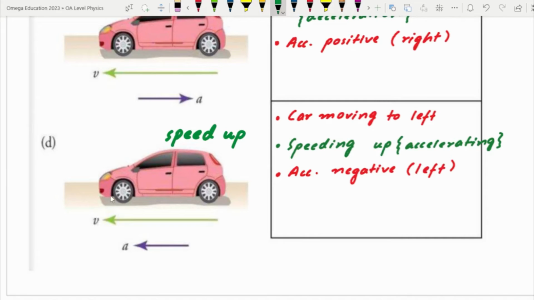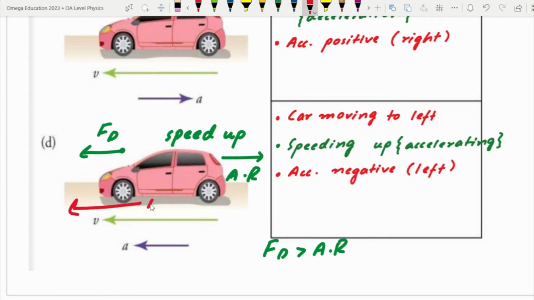How? Because the driving force would be in this direction, Fd, and air resistance would be opposite. Which of these two forces has to be greater so the object can speed up? Driving force has to be greater than air resistance, only then the object can speed up. So the resultant force would be in the direction of the driving force, which is towards the left side.